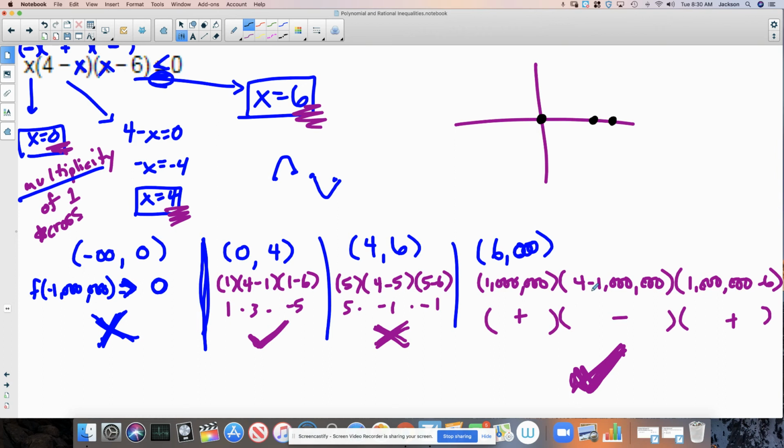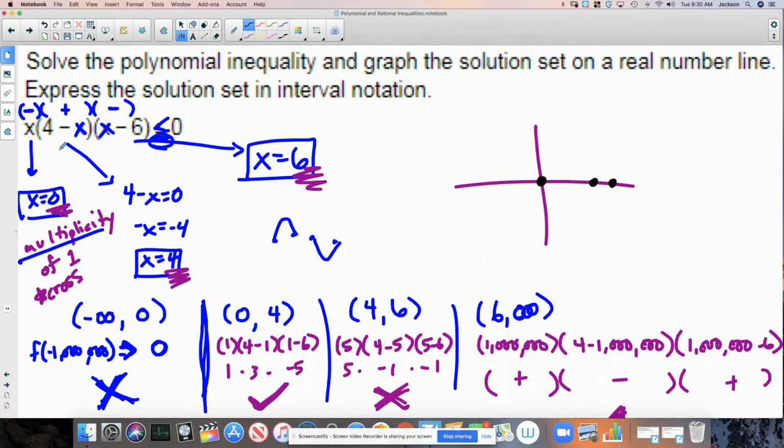Now, what is the degree of this function? The degree of this function is 1, 2, 3 values of x, so it's x cubed. So I'm beginning to know what its end behavior is going to look like. What's the leading coefficient? And I don't even need to know specifically what the leading coefficient is. I just want to know, is it positive or negative? Well, if I multiplied all of this out, what would happen?